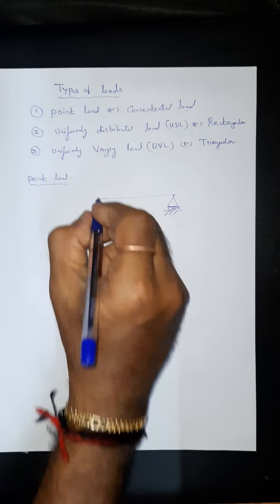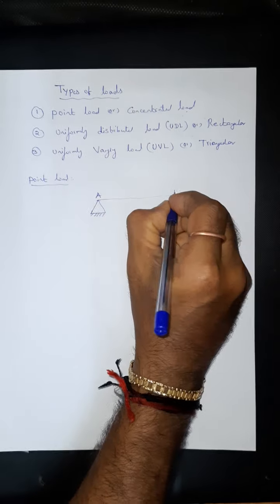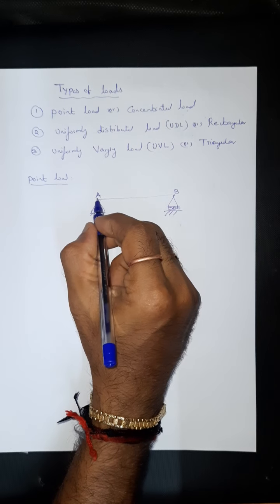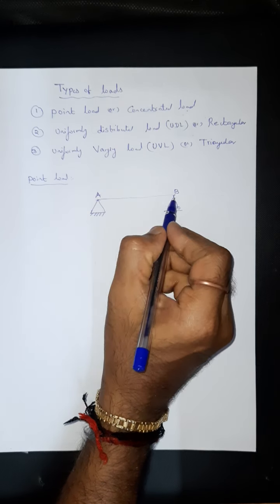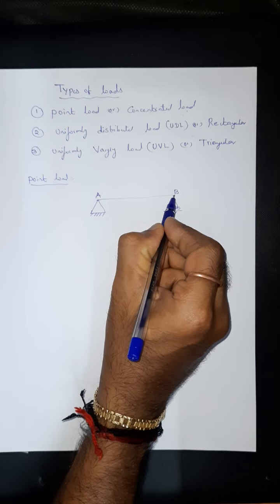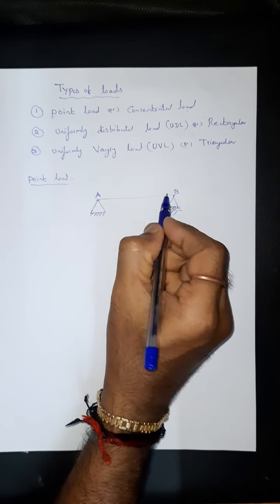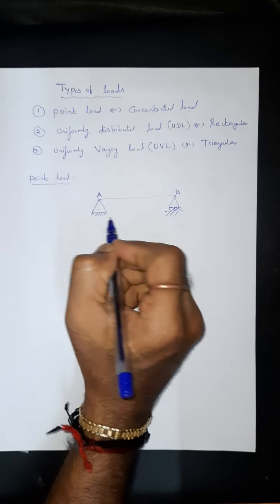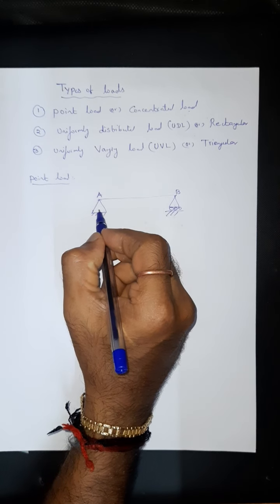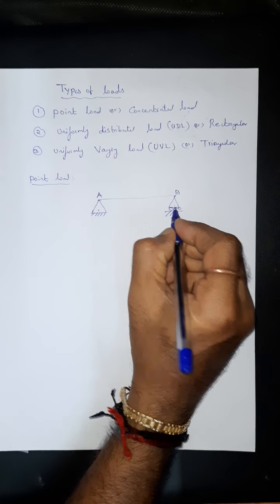Let me take the point A and B, both the ends of the beam: beam end A, and the other end is point B. These are two supports. This is the hinge support, and this is the roller support.